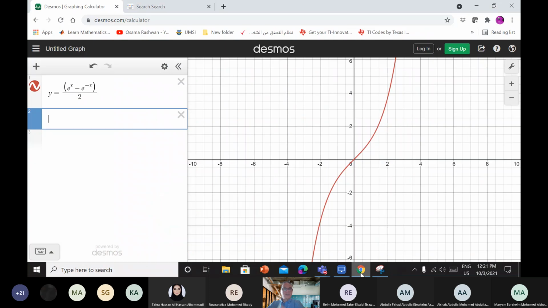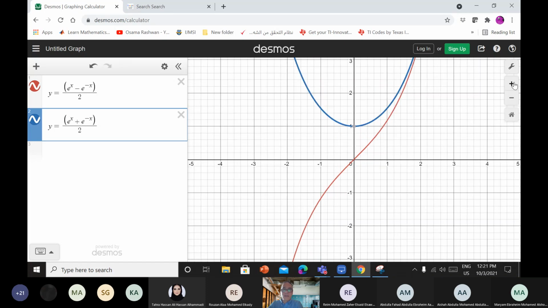Okay, let's graph the other one. I'll copy this one, this one into plus. Yes, the blue one. Do you remember this one? This is like when you have a bridge. Have you seen in the United States and Turkey also you have a hanging bridge?